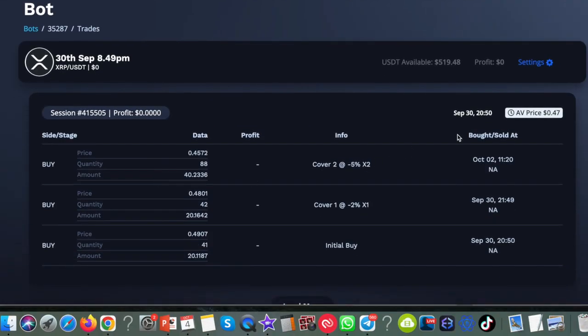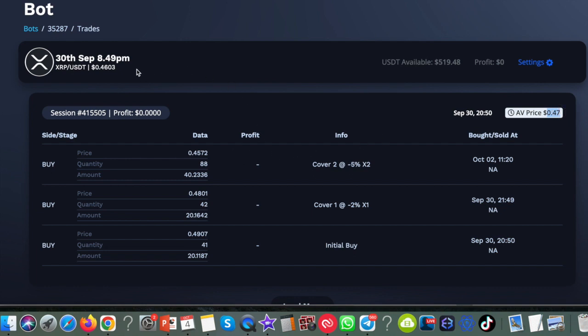So if we look at this bot, the average price that it's bought the coins at is 0.47. And the price stands right now at 0.46. Now, if Crash Recovery Bot was running and this had gone down 90% and it's run out of funds, it can't use any more because there's no more left of the $600, that other bot that was trading down at that lower level would be making profits, and 90% of the profit would go towards bringing down this dollar cost averaging here.